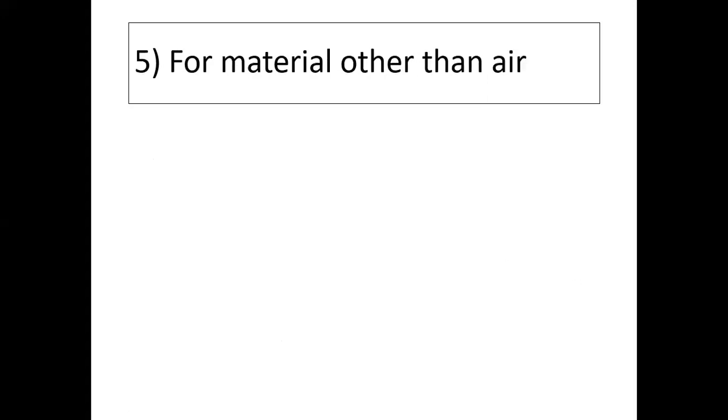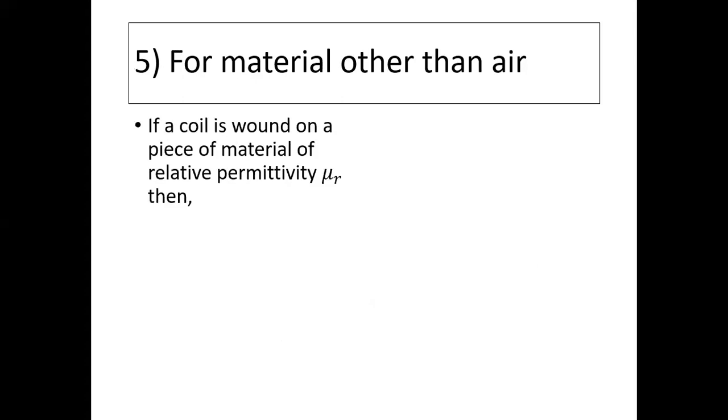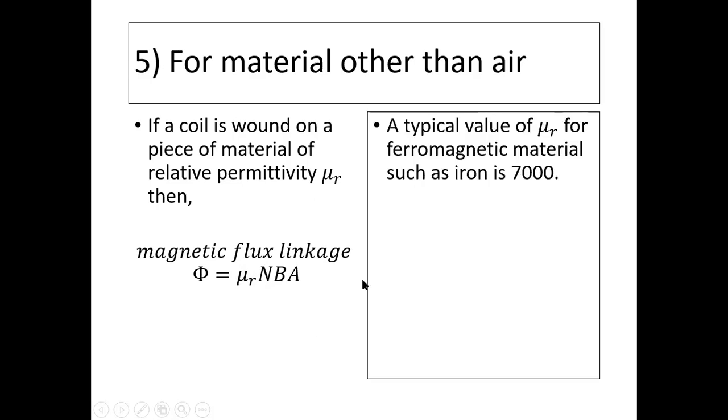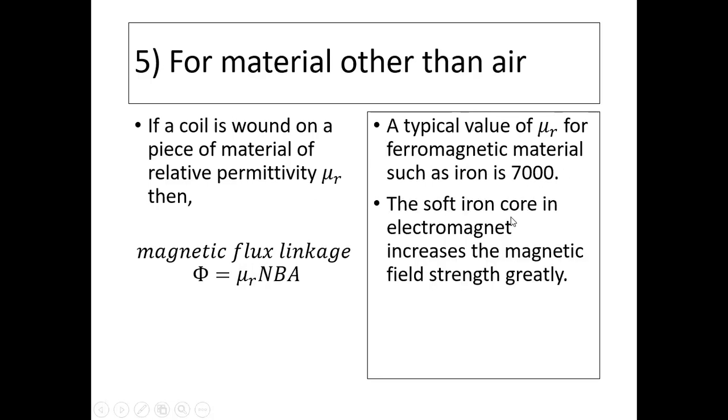Okay. For material other than air, we have to introduce the term relative permeability, mu r. It's not mentioned in your syllabus, just in case you are required. We just multiply by mu r. Mu r for ferromagnetic material is usually about 7,000, very high.